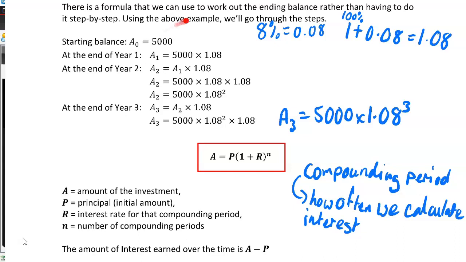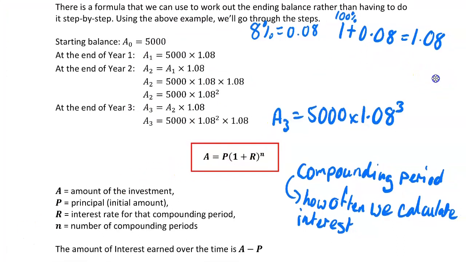Okay, so in this example, we calculated interest yearly. So once a year, we calculated interest. Okay, now we're going to see some examples where we calculate interest a little more often than that.